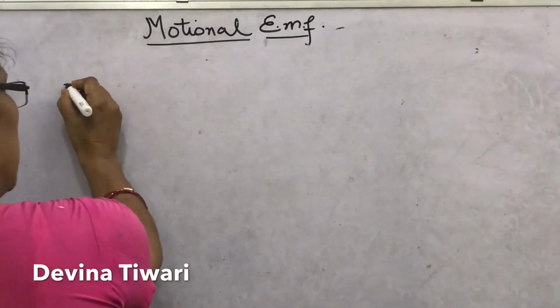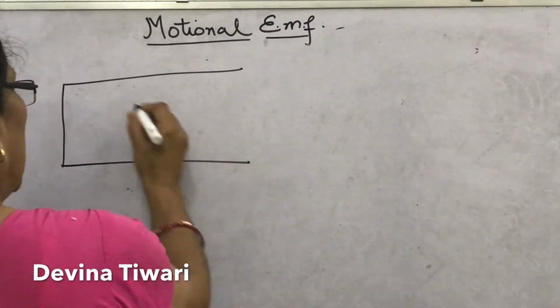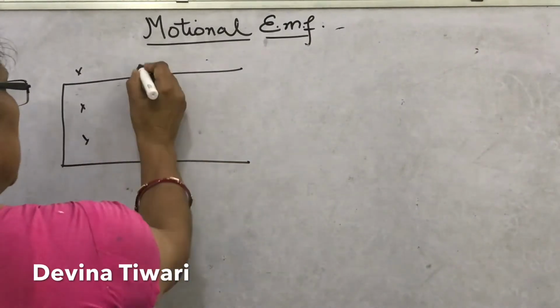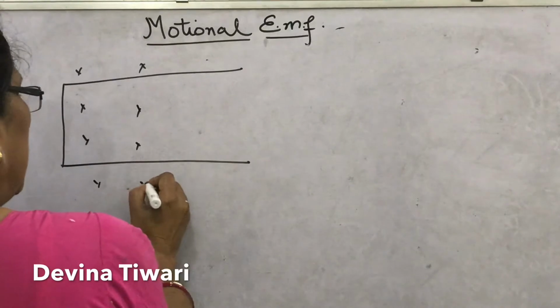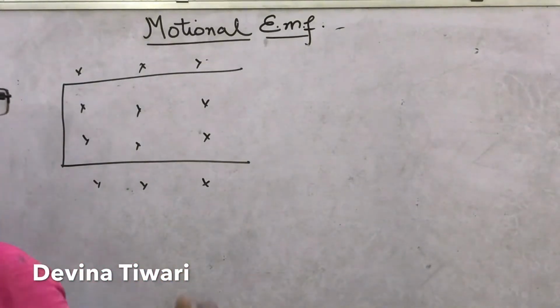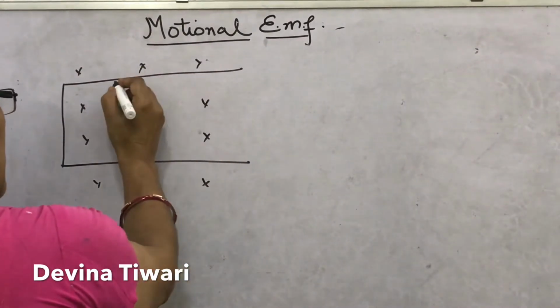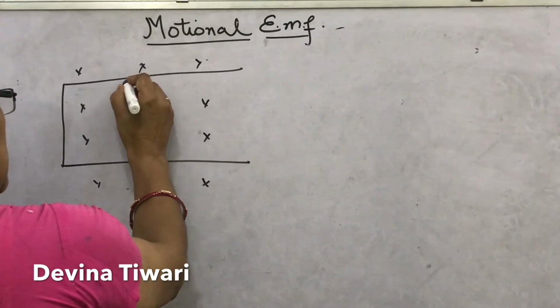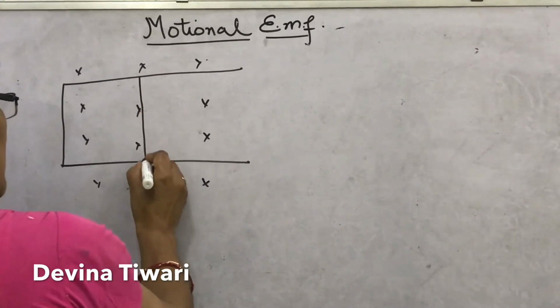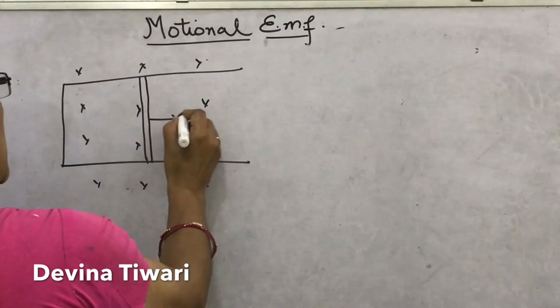Suppose this is the conducting frame, and again, like the previous case, we have taken the magnetic field, this cross magnetic field, uniform. On this frame, without friction, the rod is supposed to be moving with constant velocity in this direction.